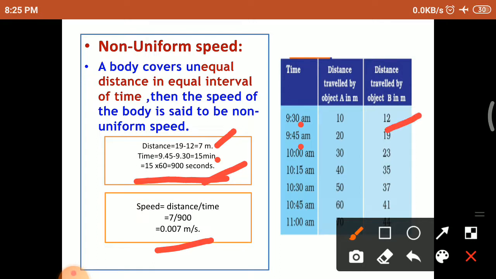So the speed of these two is 0.007 meter per second. If I calculate between these two values, I get a different value. So the speed of the object is not uniform when the object covers unequal distance in equal interval of time.